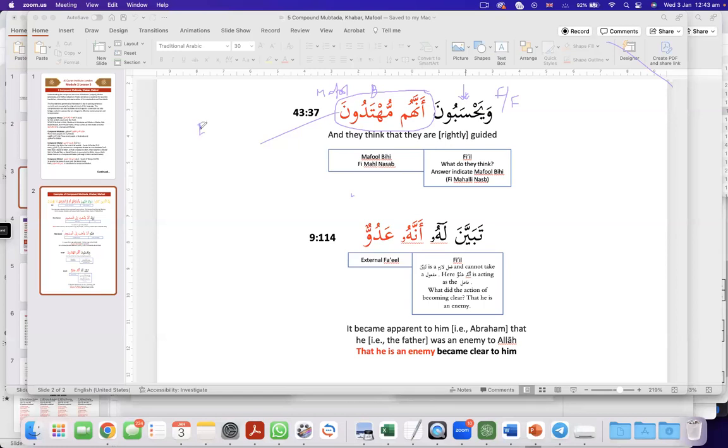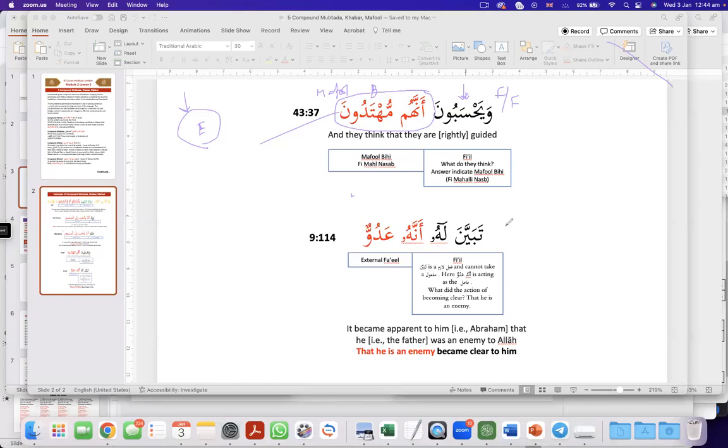If it is a single word, you can say they think of eating, one word. But "they think of eating" could be a long one if the whole length is answering the question what. Exactly the same thing here. It should be maf'ul bihi. MashaAllah, good.